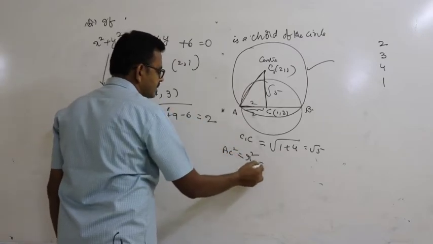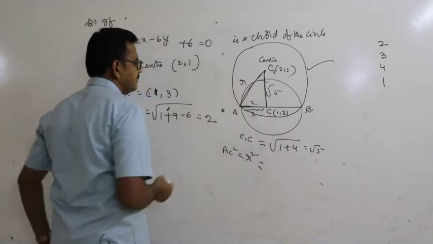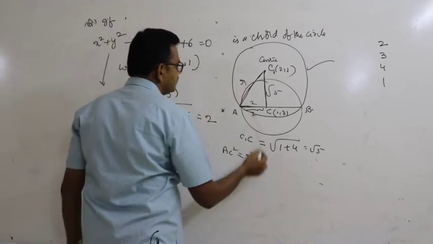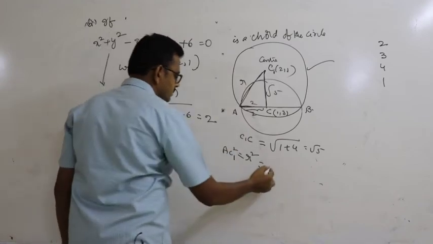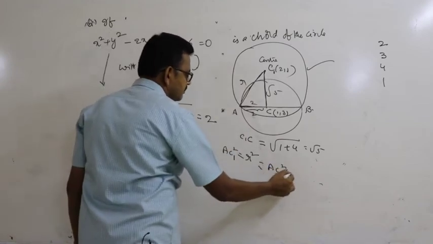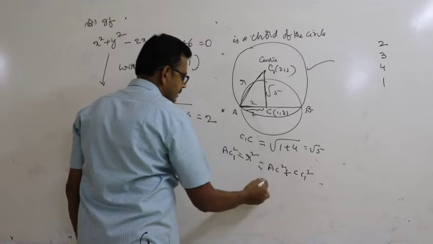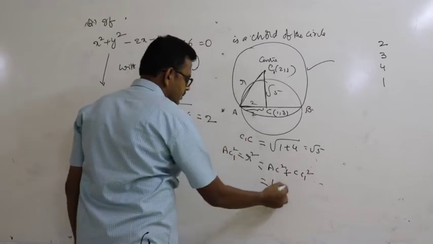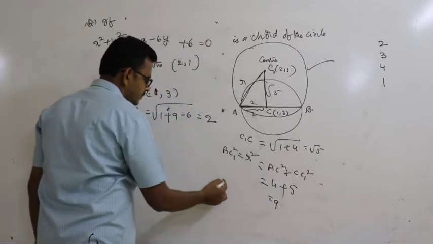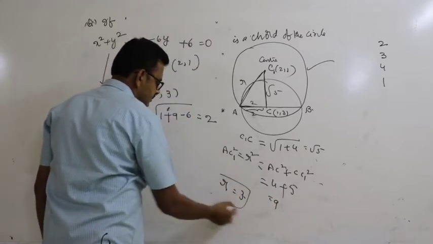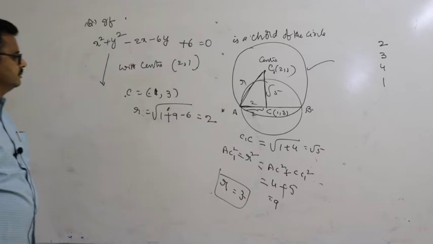R square, that is the radius of the required circle, is equal to AC1 square, not AC square. AC1 square equal to AC square plus CC1 square. AC square is 4 plus 5, that equals 9. Therefore R is equal to 3.